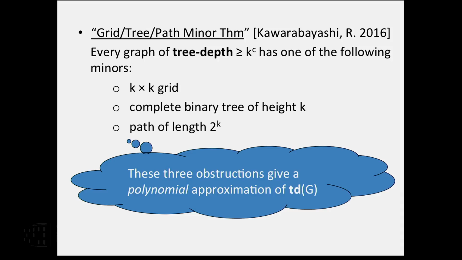In other words, computing the exact obstruction sets to tree depth seems like a hopeless task. There are doubly exponentially many of them. But if you only want a polynomial approximation of the tree depth, then these three classes of obstructions suffice. That's what this result says.